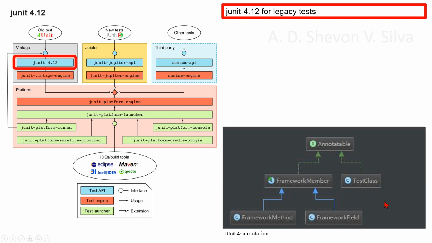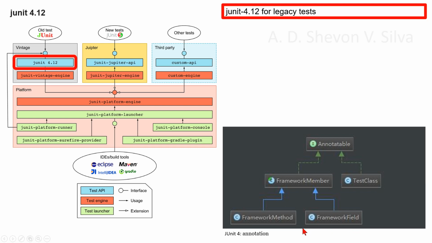The class has its own members, so JUnit uses the abstract class FrameworkMember to represent it. The class member can be classified into a field and a method.